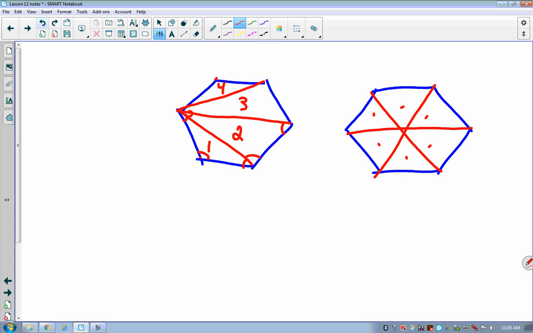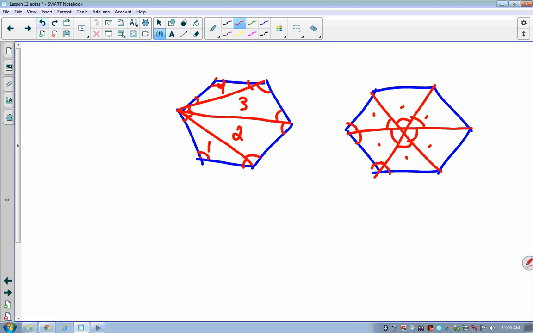Here's the problem. This angle, this angle, this angle, this angle, this angle, and that angle, none of those angles are out here, right? So I can't count any of those angles. See, here, every angle of every triangle is part of a vertex of our hexagon. You see the difference?